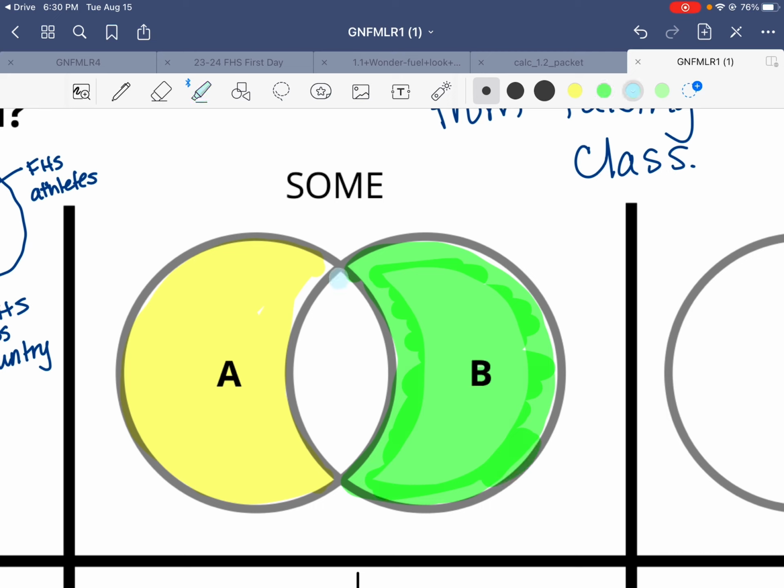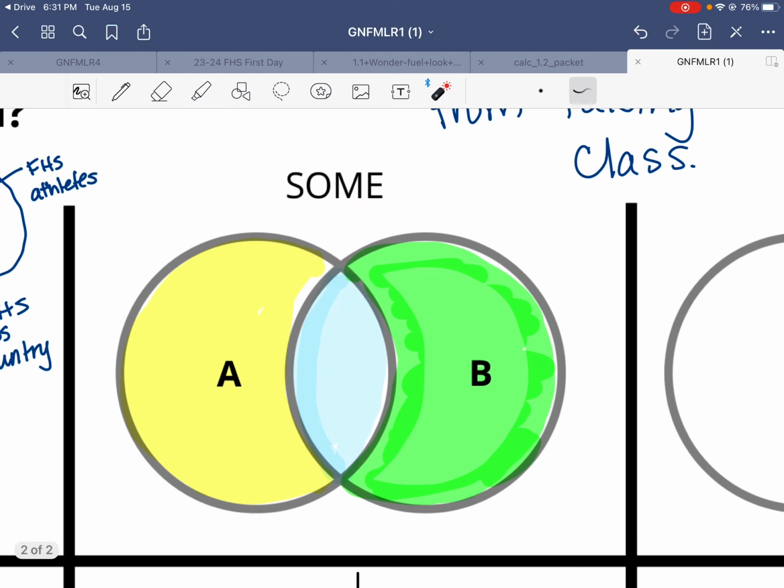But then you have this inside stuff, and this inside stuff is both. So you've got some A that are just A, they're not members of group B. You've got some Bs that are just B and not member of group A. And then you have this inside where some of them, meaning whatever value you have, are both A and B.